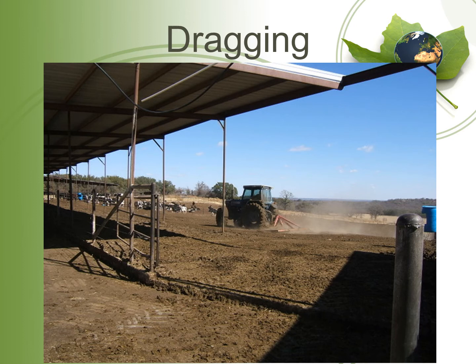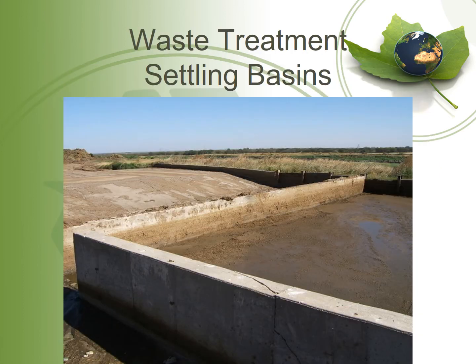If you're in a dry lot, you can drag the dry lots to break up the manure and make the land not so hard and keep it dry. And then there are different types of areas for lagoons. So you have settling basins.